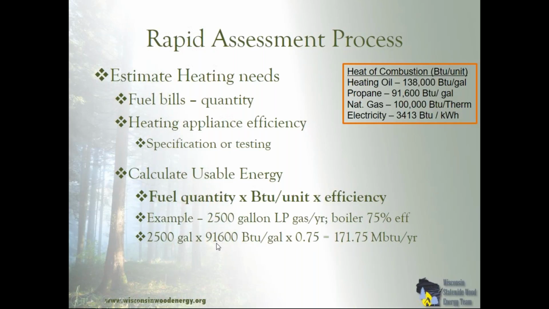So it's 2,500 times 9,160 BTUs per gallon, which I got from the table up here, times 75% efficiency. So the amount of heat that ends up in the structure or process I'm trying to heat is 75% usable; 25% is wasted. I come up with 171,750,000 BTU. MBTU is million BTUs.